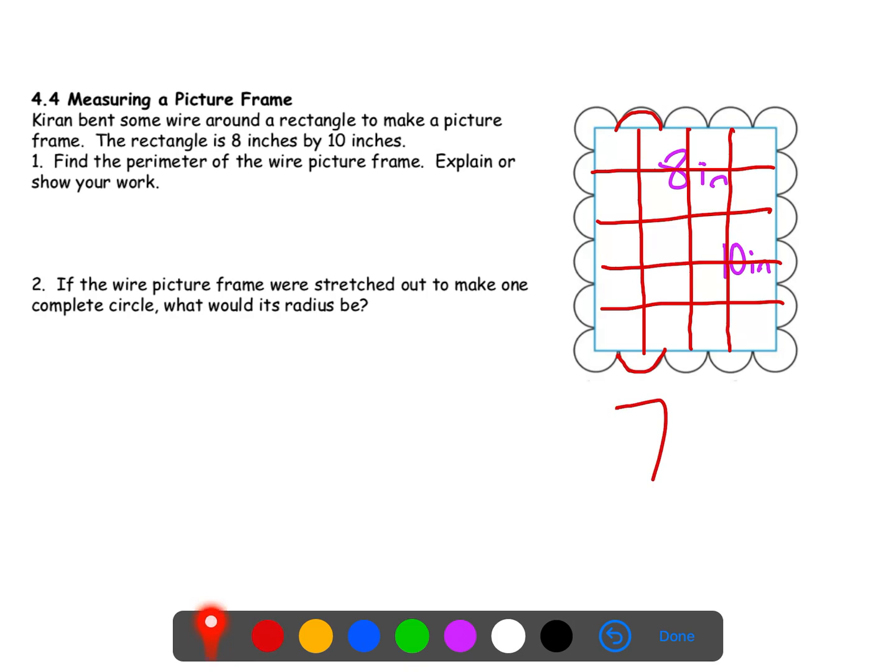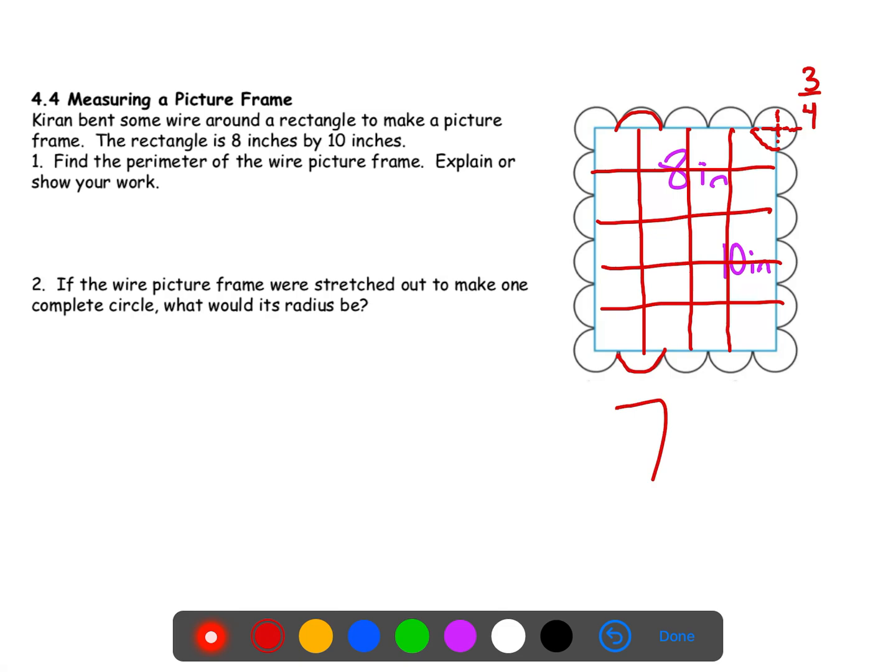The only other type of circle that I have here is on the corners. It looks like I almost have a full circle, but it is not complete because this section is missing. Now, if I divide this circle up, I can see that 1/4 of that circle is missing, meaning we have 3/4 of a circle here on the corner.